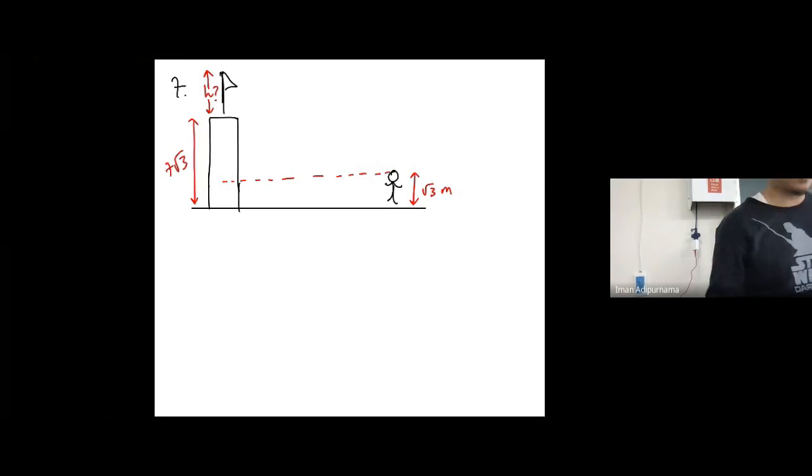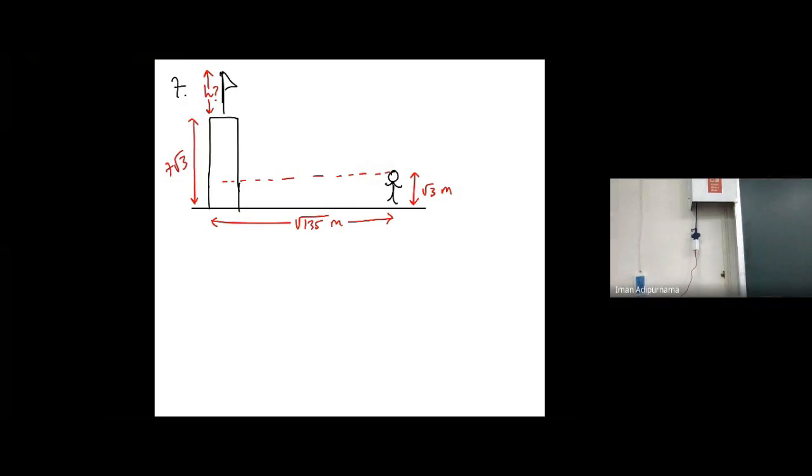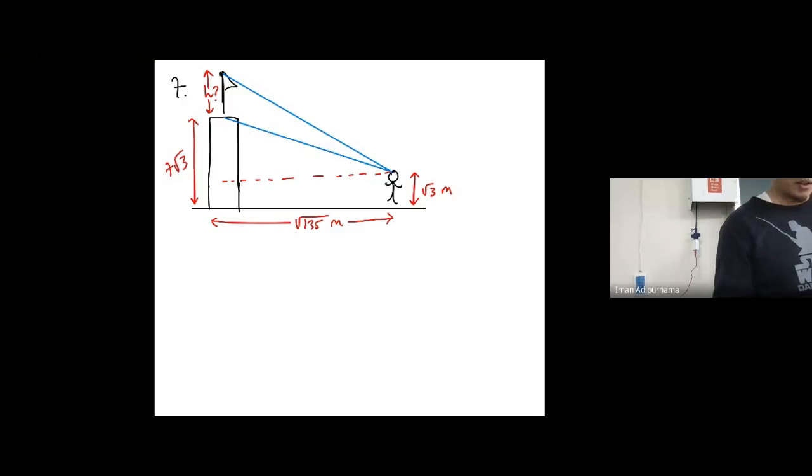The question is asking the height of the flag. The ground is square root of 3 meter. And I already drew it in the front. So I don't know, only a few got it correct. This is alpha, and this is beta.